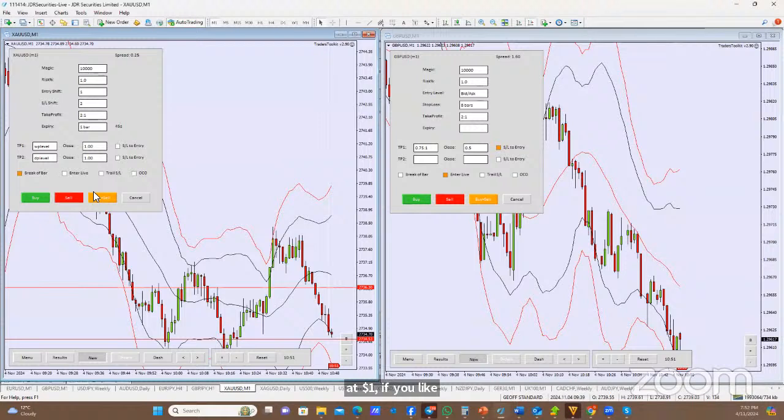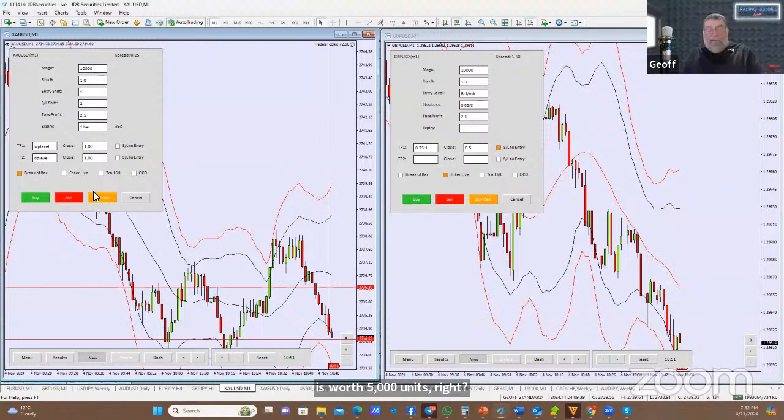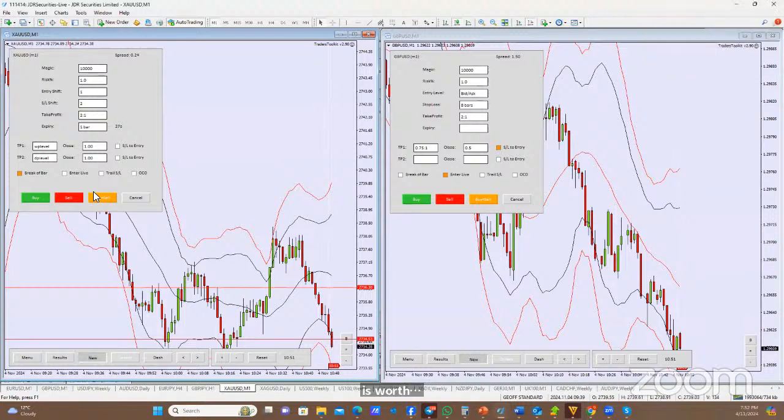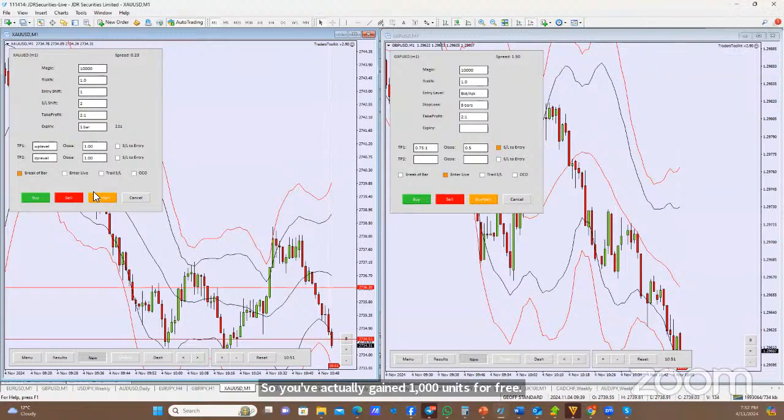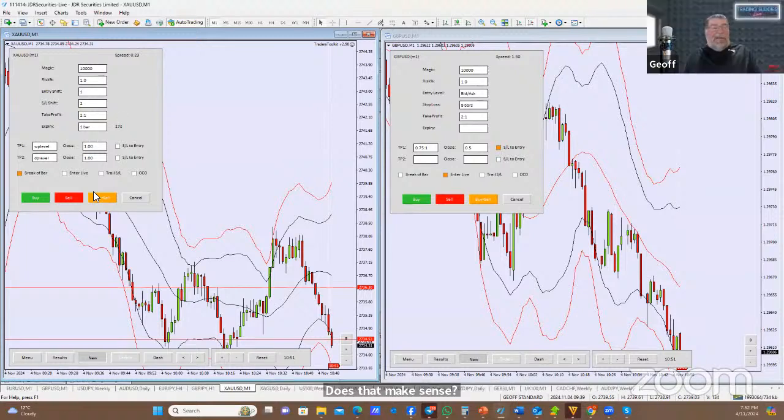When you buy it back at 75 cents, your $5,000 is worth 6,000 units, right? So you've actually gained 1,000 units for free. That makes sense. Yeah. So that's the methodology, I think.